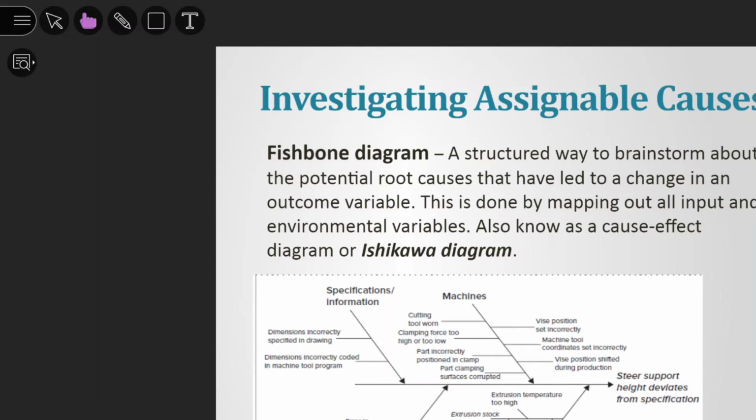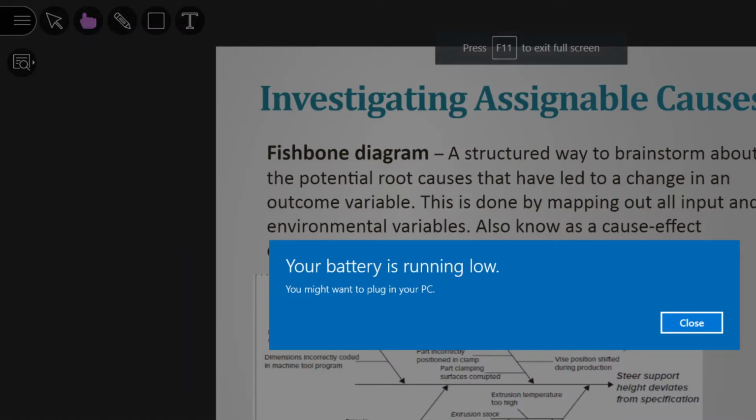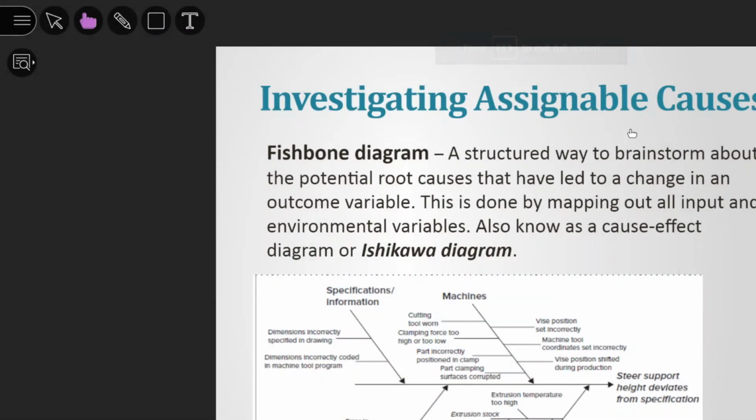And the way it's created is, you have the defect that you have identified. In this particular case, the defect is steer support height deviates from specification. In other words, it's either above the control line or below the control line.